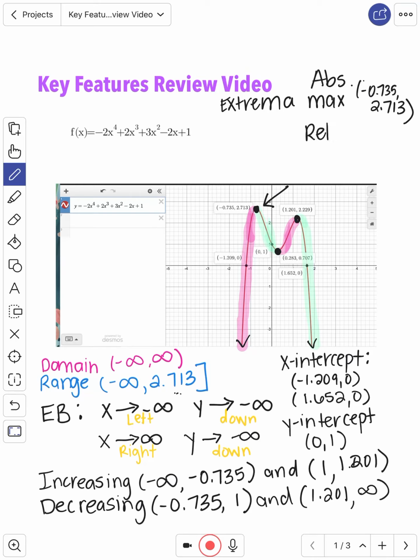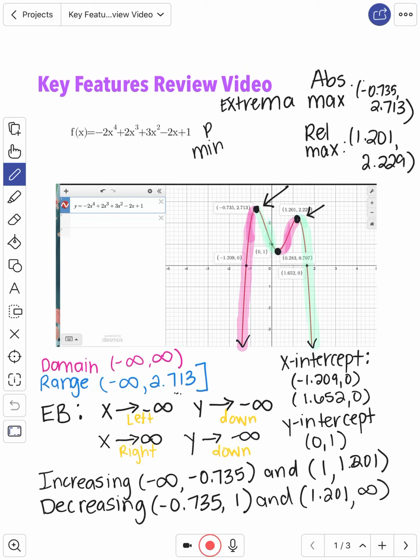Then I have a relative maximum. That is right here. It's still a maximum because it's still a hill, but it's not the highest. So that's at 1.201 and 2.229. And then finally, I have a minimum.